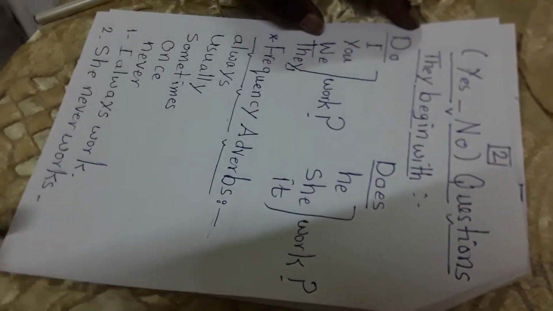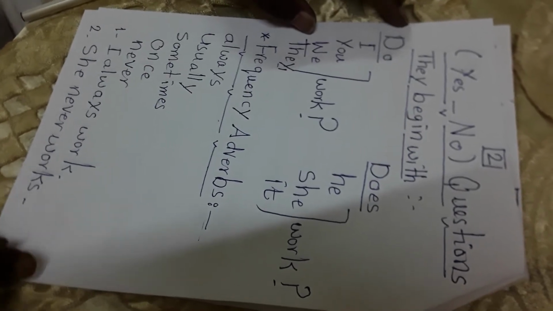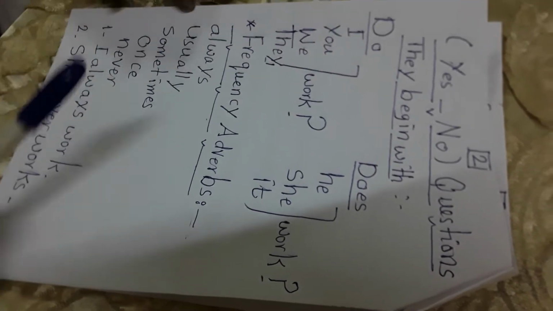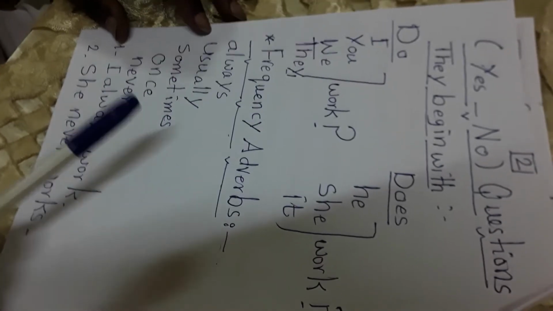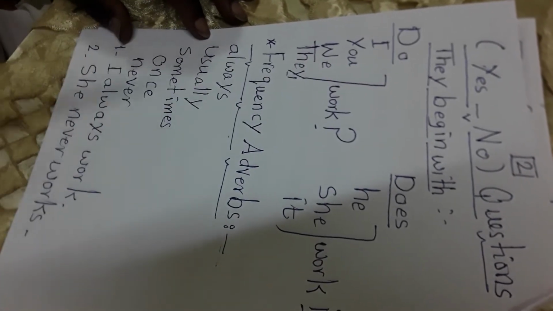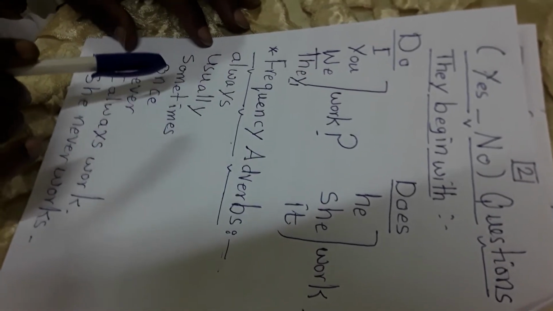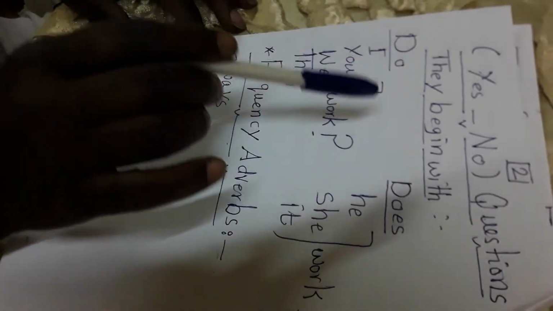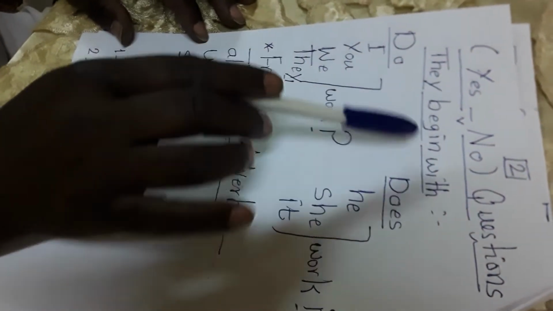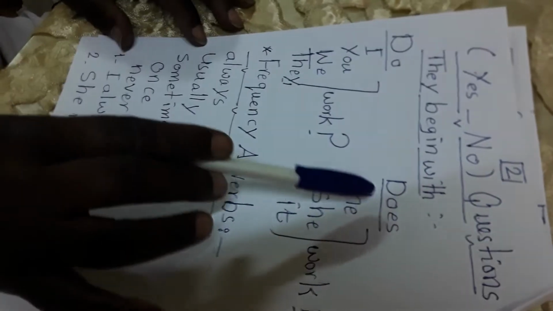And now, let us see how do we make yes, no questions for the simple present tense. When we want to make yes or no questions, these questions must begin with do or does.